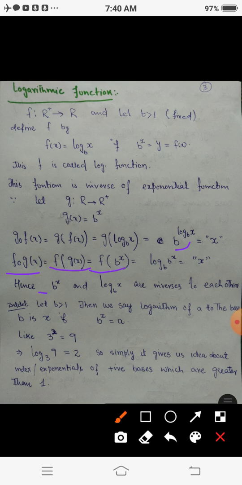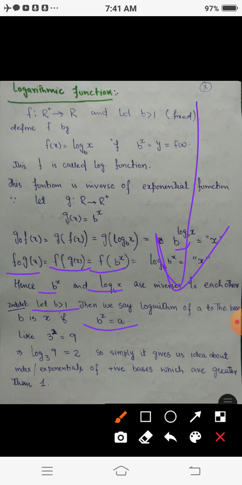Hence b^x, that is the exponential function, and log x are inverses of each other. Now this is one way to define the log function, using the concept of bijectivity. We have a second definition: if b is a positive number, then we can say the logarithm of a to the base b is x if b raised to power x is a.